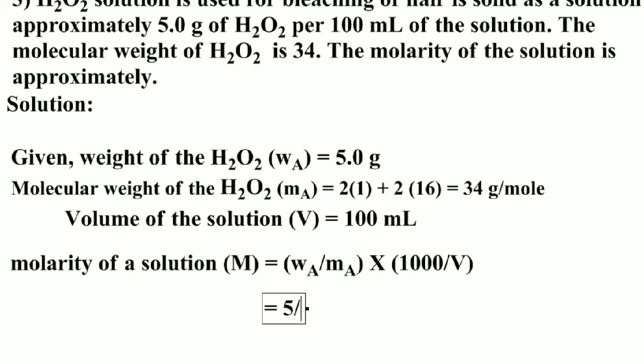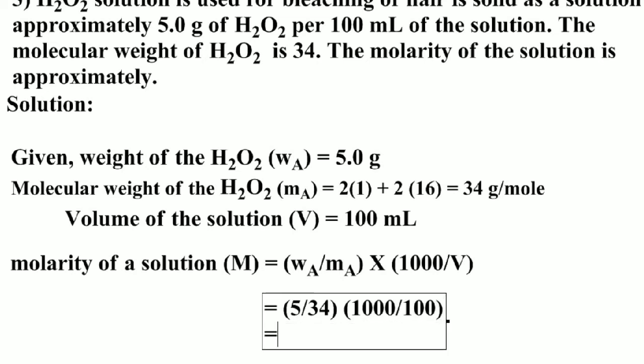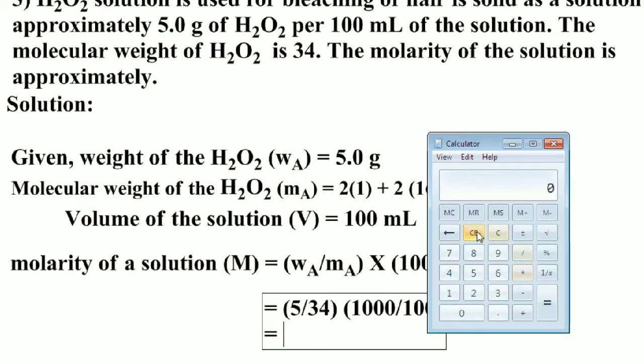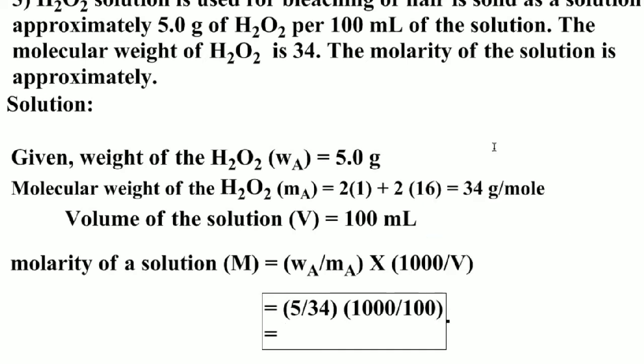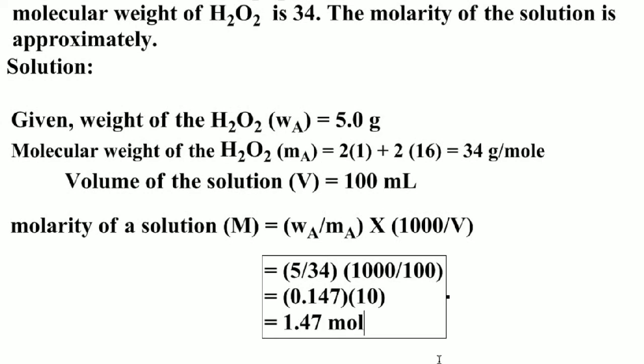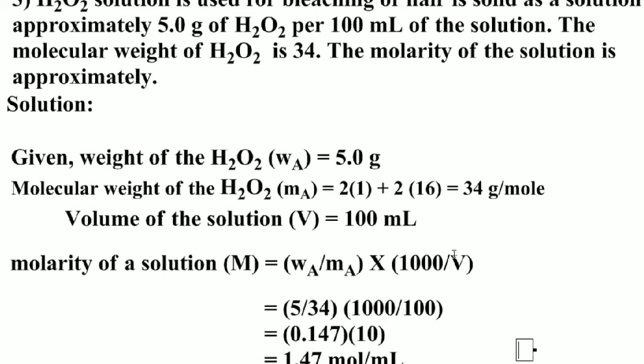So 5 by 34 into 1000 by 100. 5 divided by 34 is equal to approximately 0.147. 0.147 into 1000 by 100 means 10, so that equals 1.47 moles per ml. 1.47 moles per ml is the molarity of the given H2O2 solution.